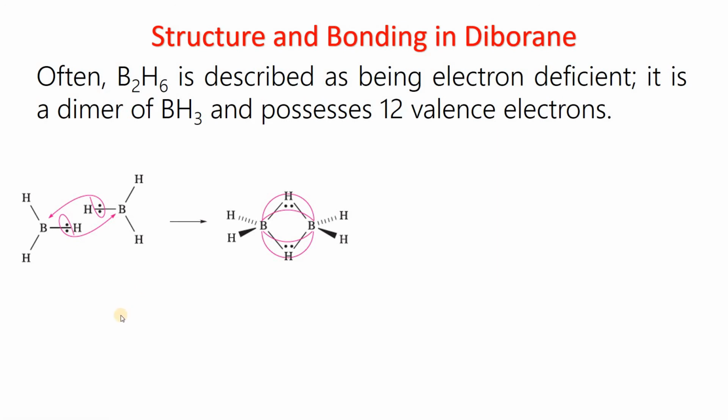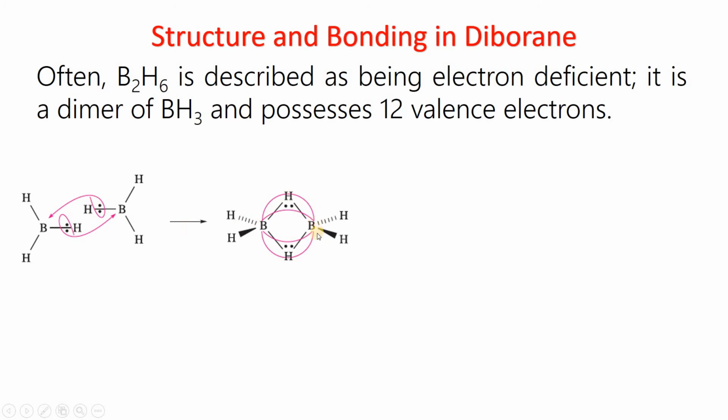In a very simple picture, as we said earlier, it is a dimer of BH3. So there are 2 BH3 units, BH3 and BH3, and each BH bond has 2 electrons. If we transfer these 2 electrons from this BH bond to this boron atom, and likewise from this BH bond into this boron atom, then what do we get?